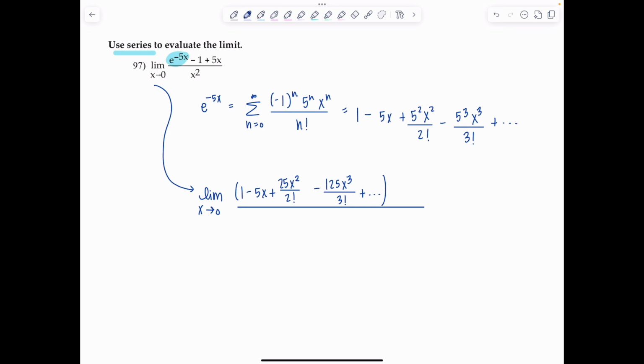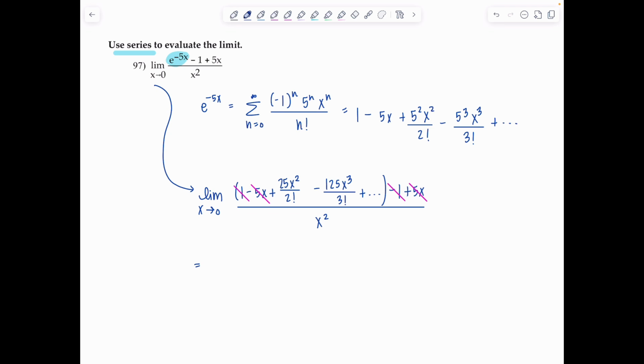And then we still have minus 1 plus 5x, and then this is all over x squared. Usually these are written in such a way that stuff will cancel nicely. See, the 1 and the 5x. That's not a coincidence. Someone sat here and wrote it so that would happen, okay?